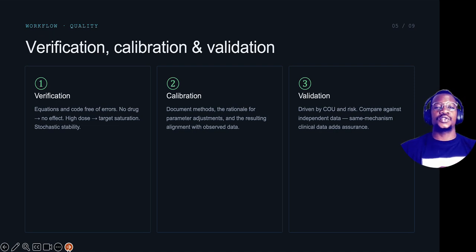High dose, of course, leads to target saturation. There's some scientific logic that it should follow. These are some of the things you use to verify if your model is making sense in the first place.